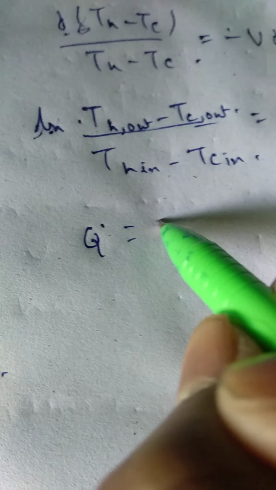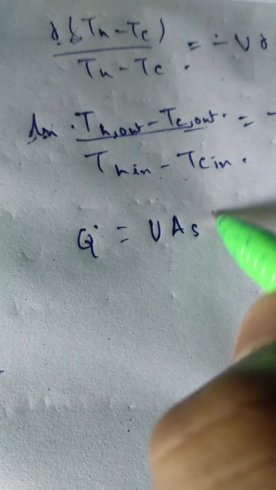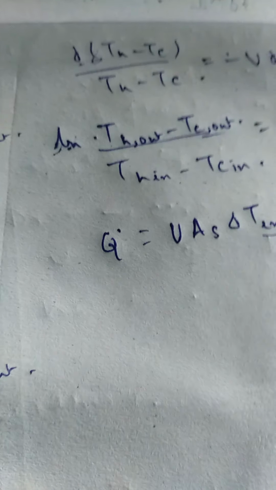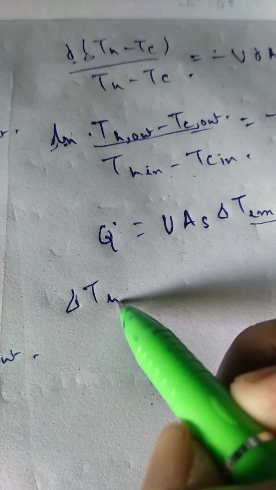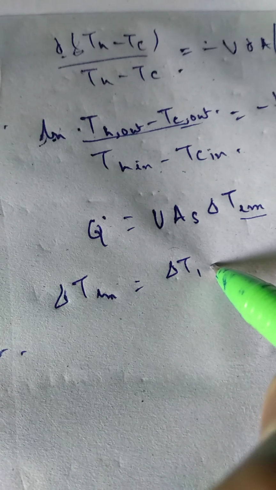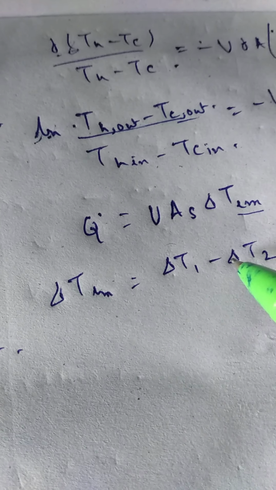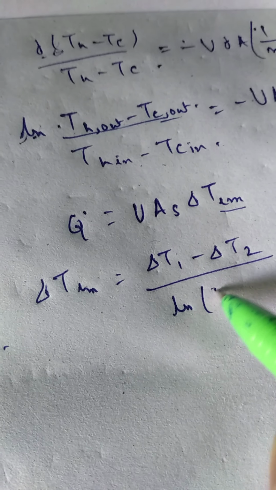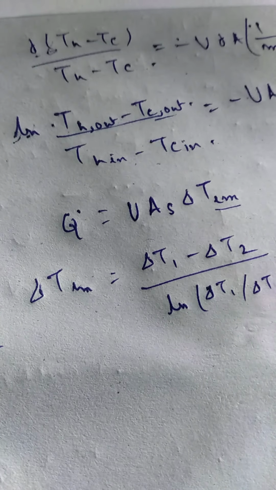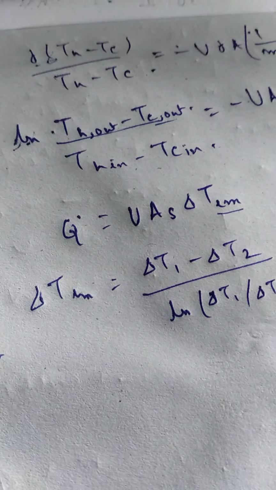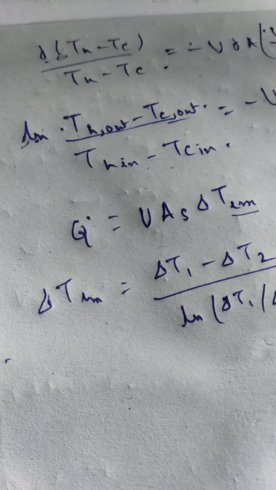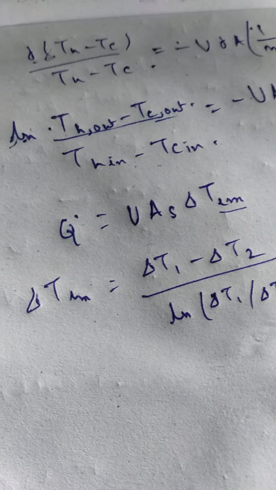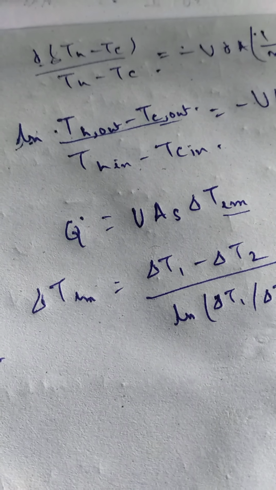We write this as Q equals UAs delta T ln, this is the logarithmic mean temperature difference, and this delta T Lm will be (delta T1 minus delta T2) by ln of (delta T1 by delta T2). What are this delta T1 and delta T2? They represent the temperature difference between the fluids at the two ends.